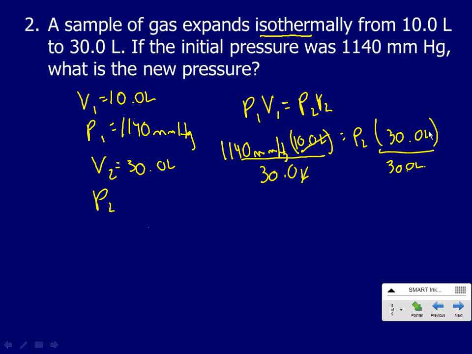Notice the units: liters cancel. That's why the units have to be the same. The 30s also cancel on that side. P2, what do we got? 380 millimeters of mercury, which we know is that funny barometer thing, right? Nothing fancy here. Make sure the units are the same.